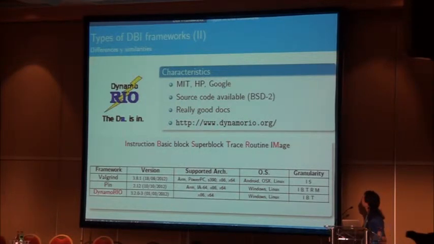Finally, DynamoRIO, which is being developed by MIT, HP, and I think that recently it has been bought by Google, or is collaborating somehow. The source code is also available under the BSD2 license, and it has really good documentation. However, it doesn't use all the granularities.